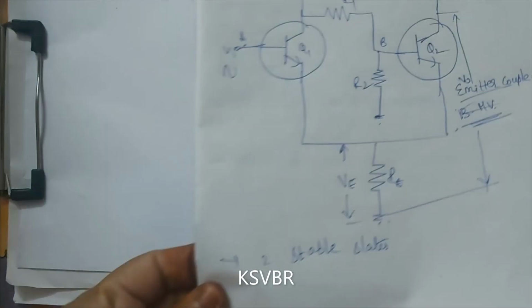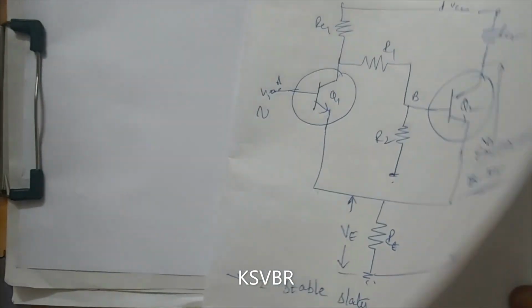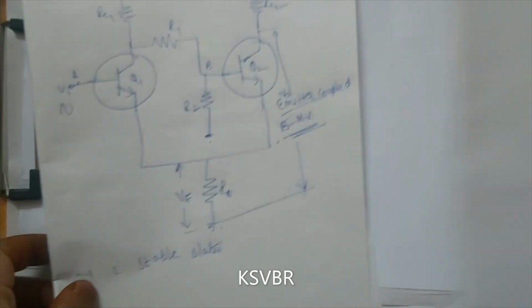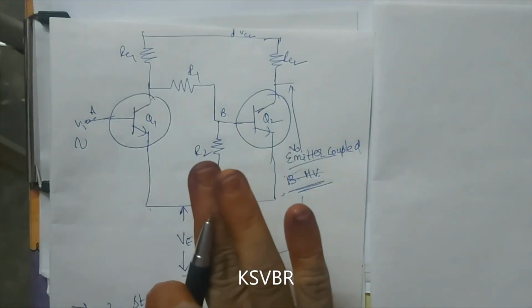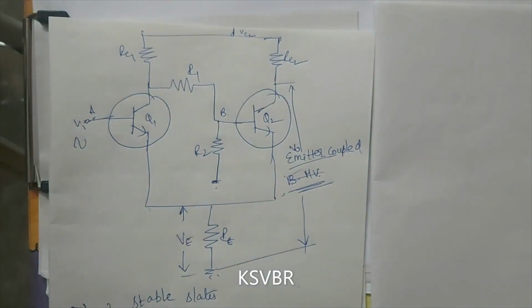We'll see what are the two stable states now, and how it changes from one stable state to another stable state. Keep the circuit diagram always while you are seeing the working.